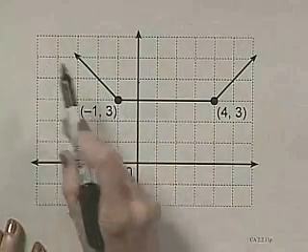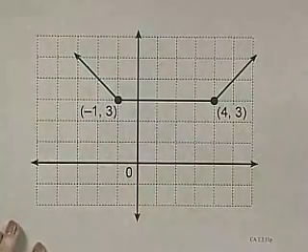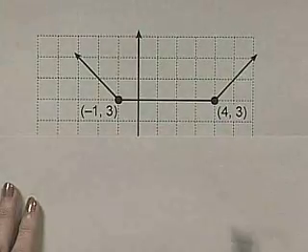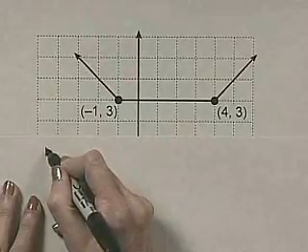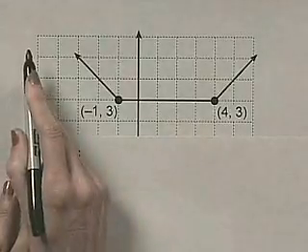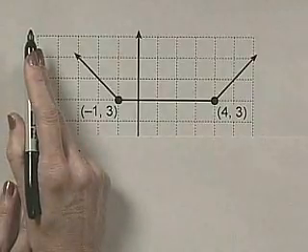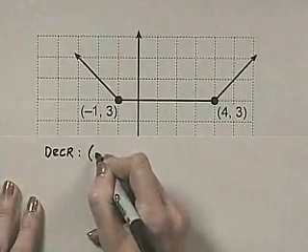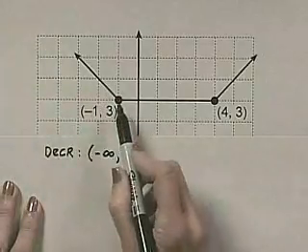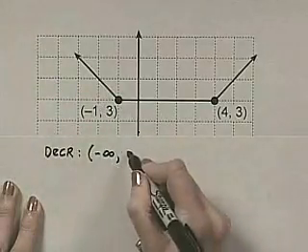Now, because we move from left to right, we always write our answers in terms of our x-coordinate. So we're going to start off by writing the fact that this graph is decreasing from, and we're going to start over here, furthest to the left, negative infinity. And then it continues decreasing until we come up with this x-coordinate at negative 1.